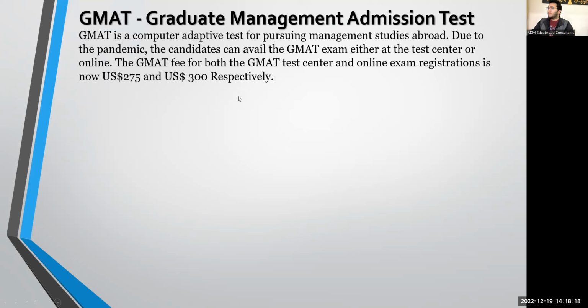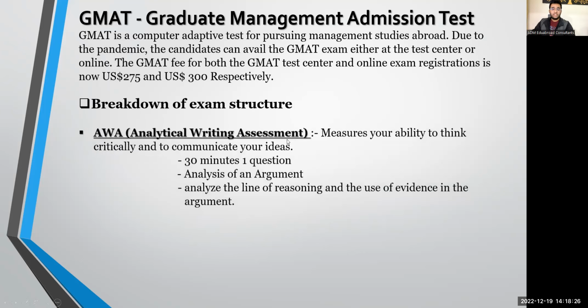Now, going ahead, I'll be discussing the breakdown of this exam structure. The first section that we'll be talking about is AWA, which is Analytical Writing Assessment. Now, what does this section do exactly?